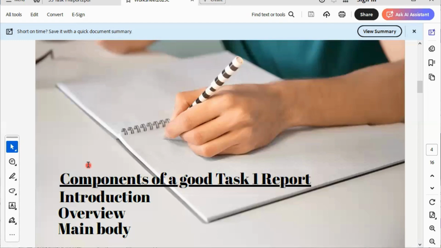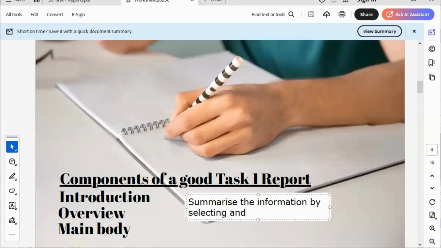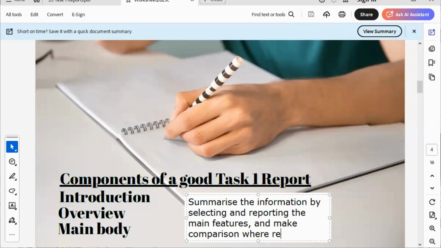There's a particular question tag that you are going to see in your report question. They will say: summarize the information by selecting and reporting the main features and make comparison where relevant.